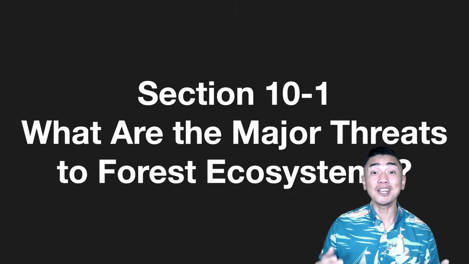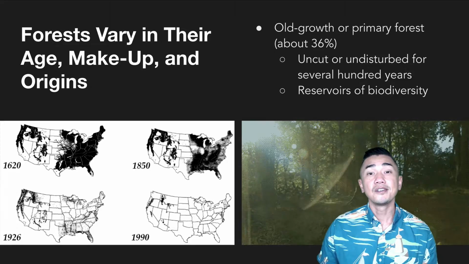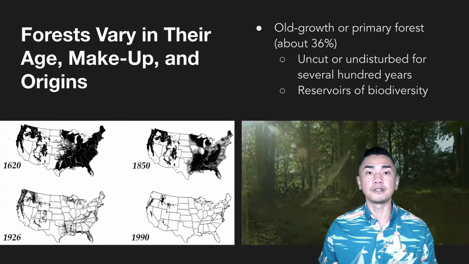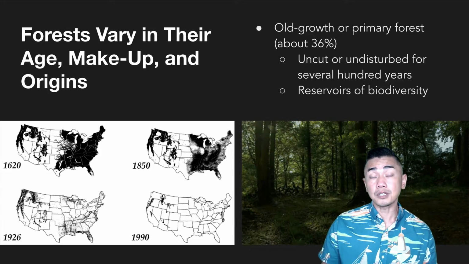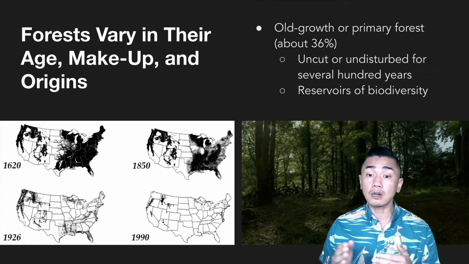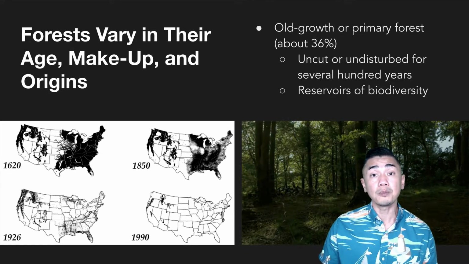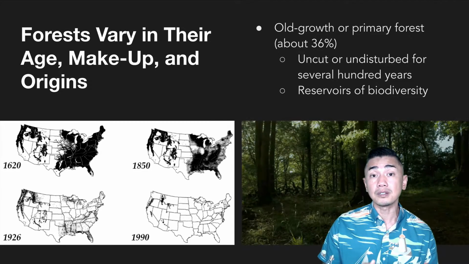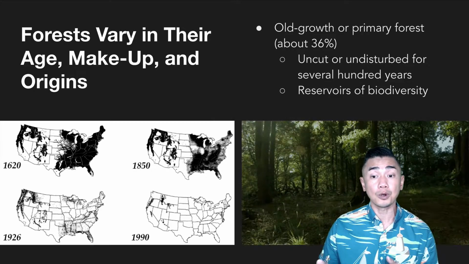In section 10.1, we're going to discuss the major threats to forest ecosystems. Forests will vary in their age, makeup, and origins. Our untouched and undisturbed forests are called old growth or primary forest. They represent about 36% of existing forests in the world.